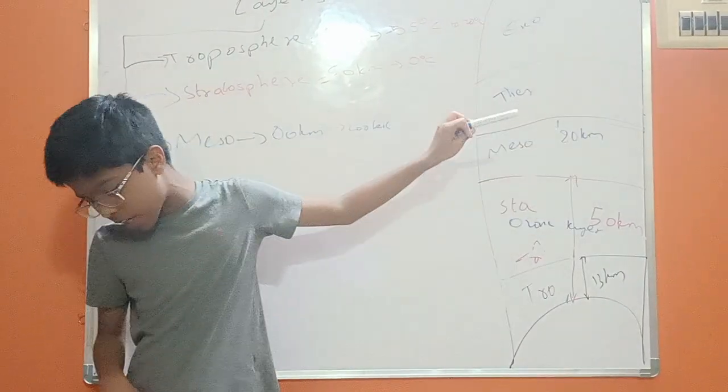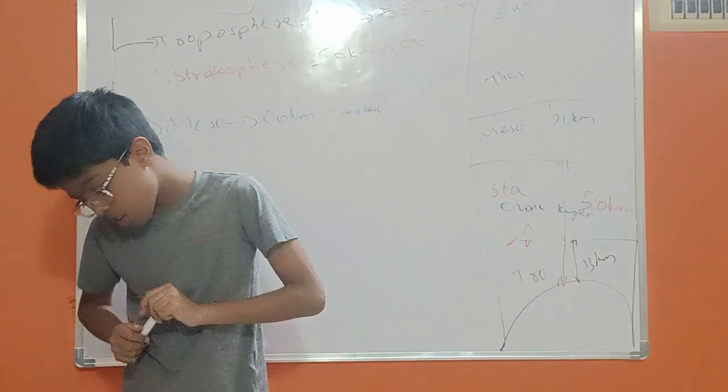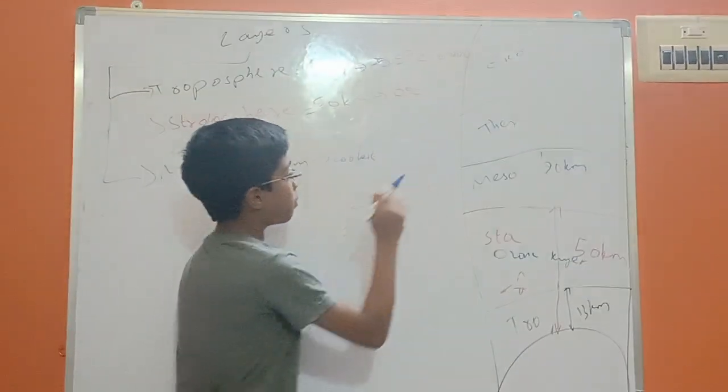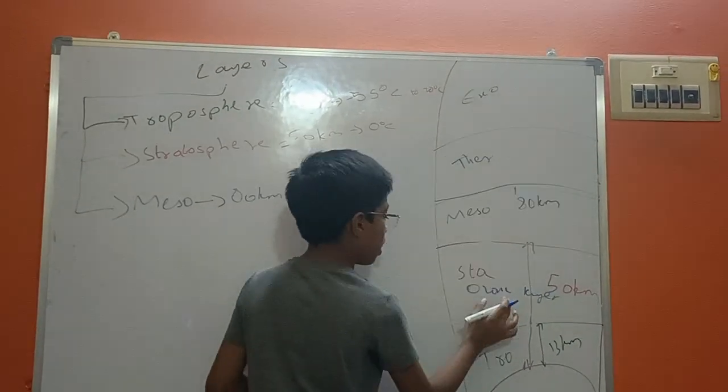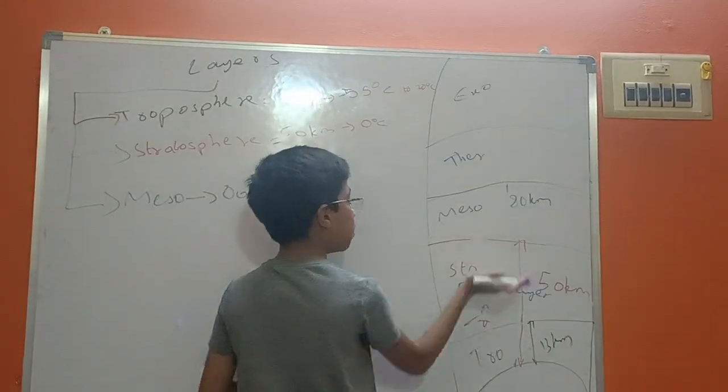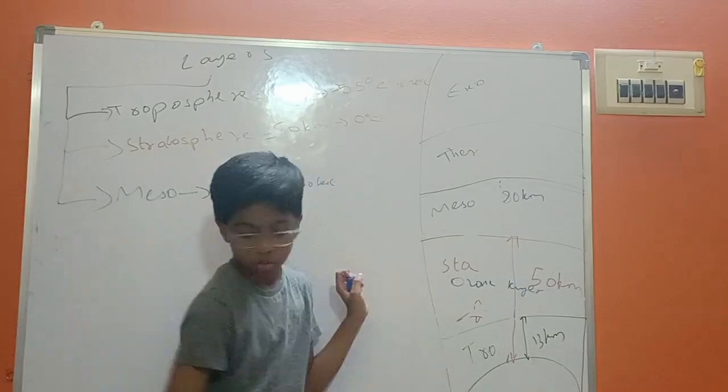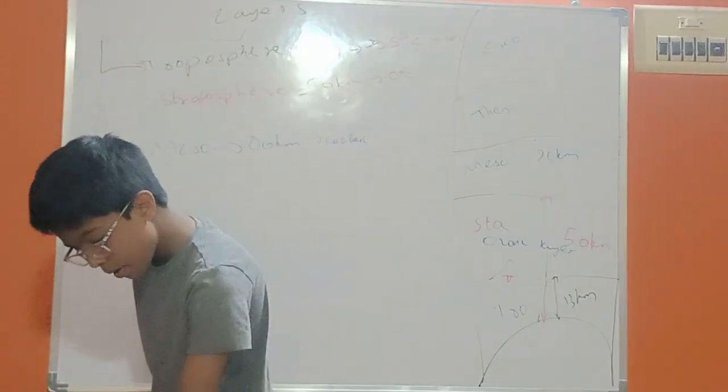It is the middle sphere of all the layers, and in the mesosphere, the last part of the ozone layer will be. Ozone layer will be from here to here. Okay. Next.